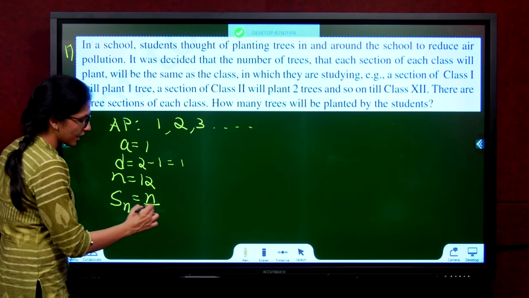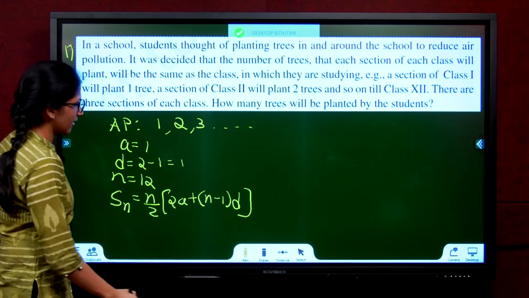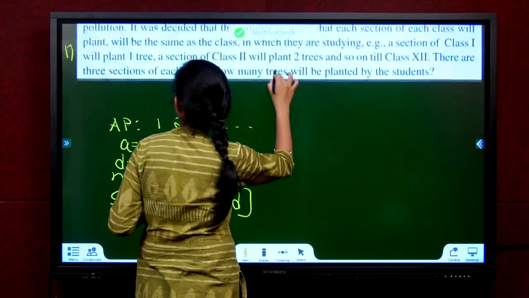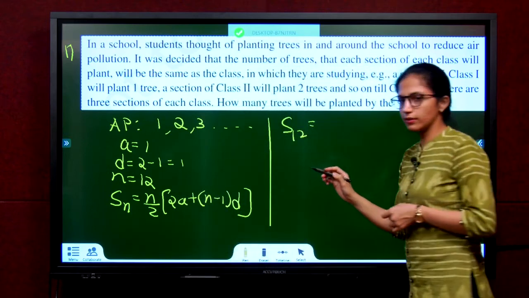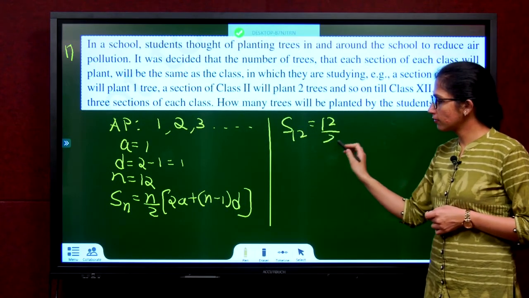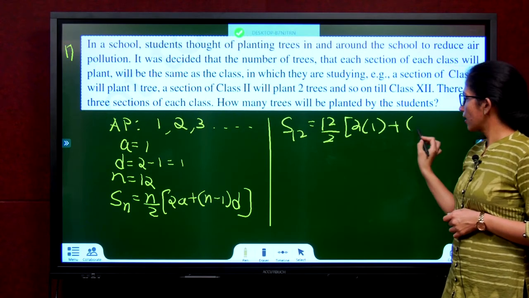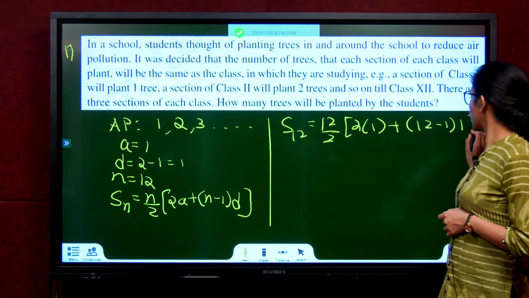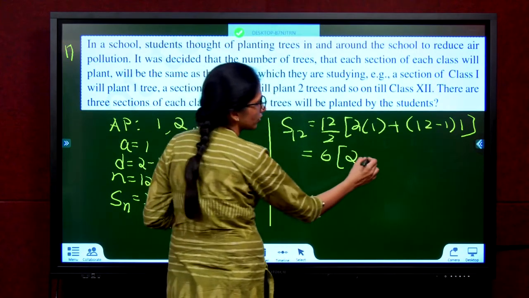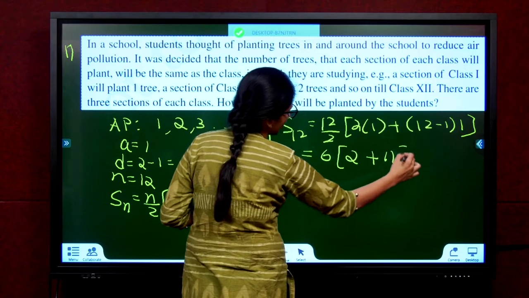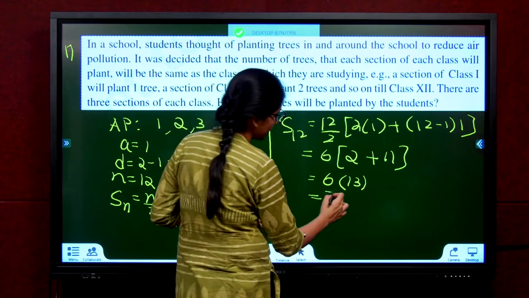Sn is equal to n by 2 into 2a plus n minus 1 into d. Substitute. S12 is equal to 12 by 2 into 2 into 1 plus 12 minus 1, and d is also 1. 12 by 2 is 6. 2 ones are 2 plus 12 minus 1, 11, 11 into 1, 11. 6 into 13, 78.